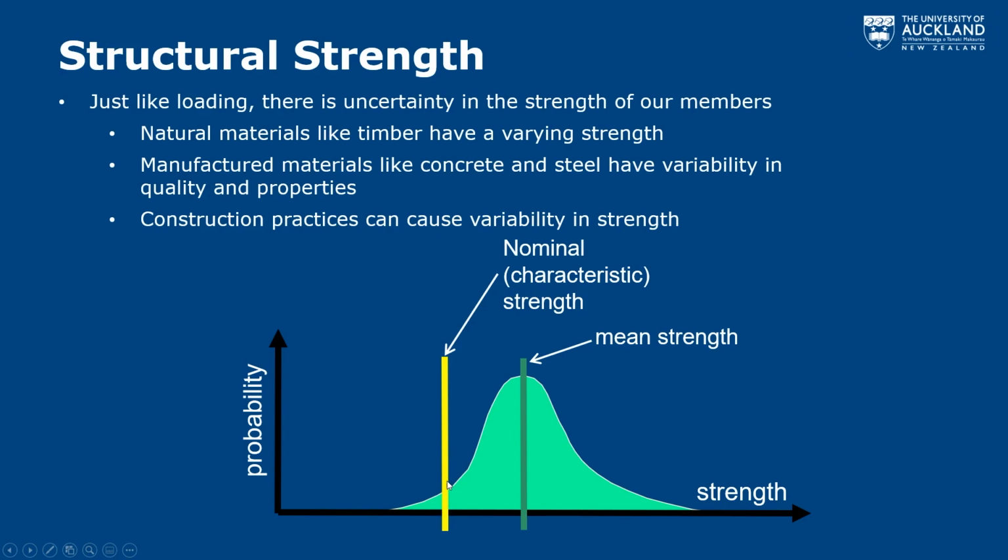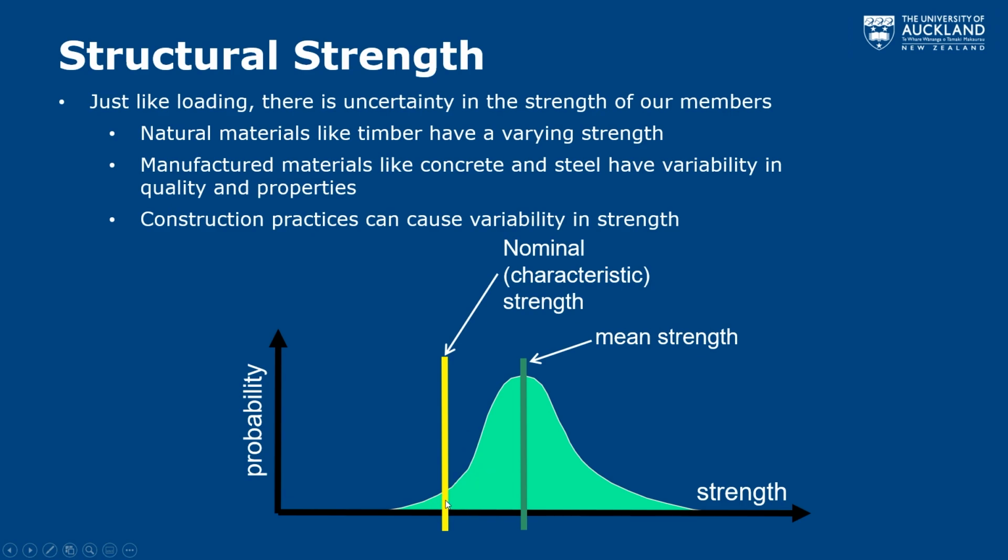For all material properties, there's a 95% chance that the strength of the material is larger than what is used for design. For manufactured materials, this bell curve is steeper and tighter, because they want to make sure they're not having to produce really strong materials and then sell them for a weak capacity.